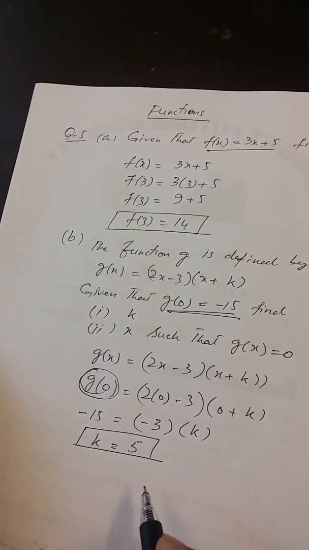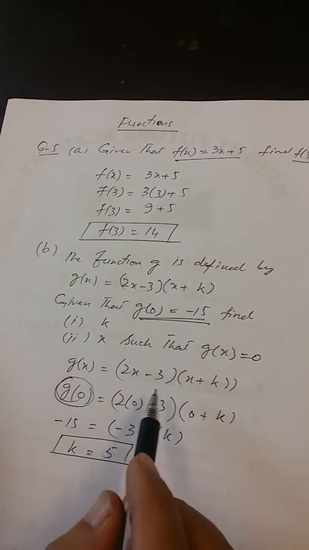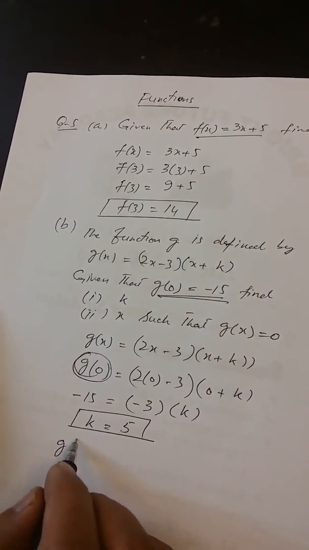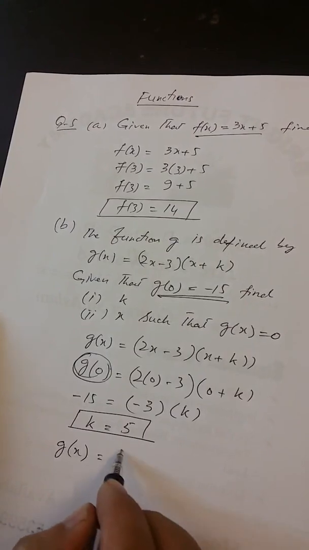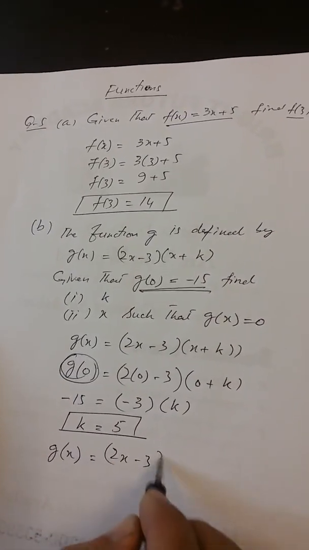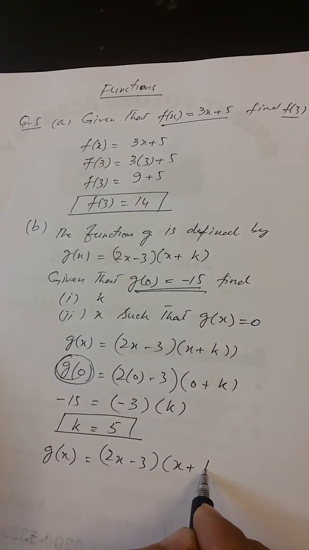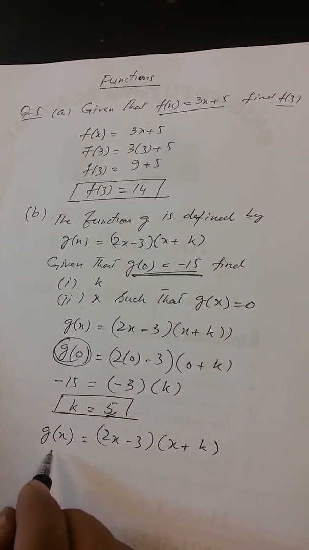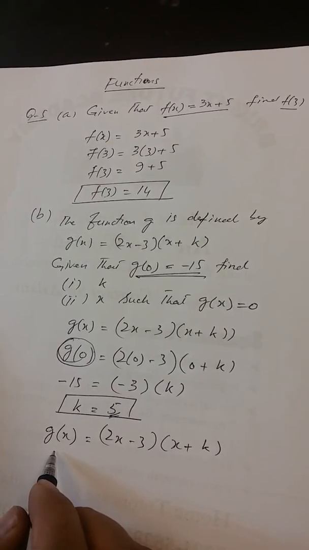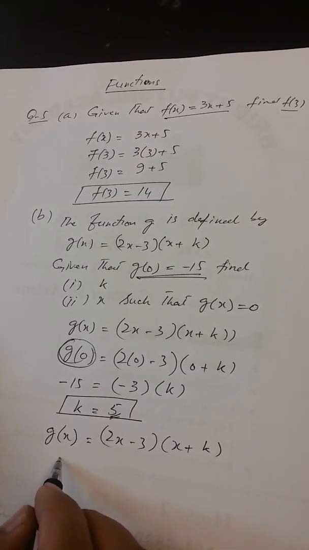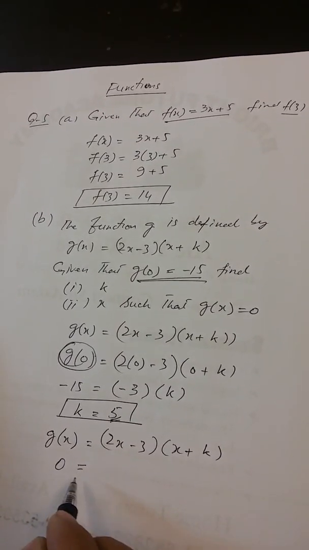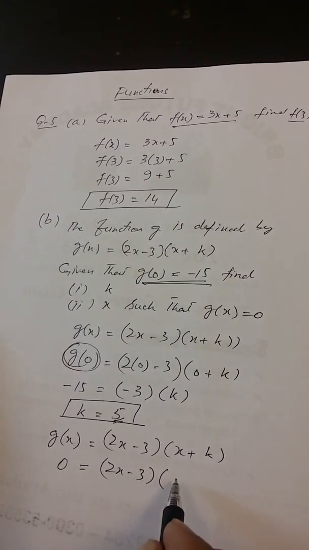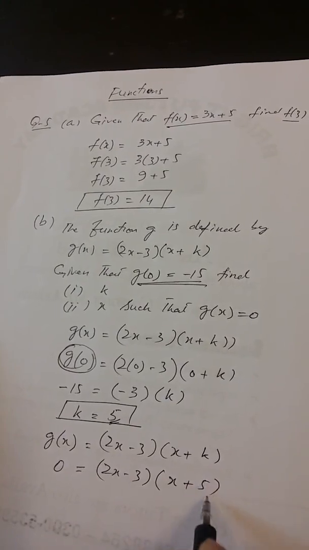For part 2, the requirement is x such that g of x is equal to 0. So I have the function g of x is equal to (2x minus 3) into (x plus k). Now I can use this value, which is 5. So g of x is equal to 0. It is given in the question, so I replace with 0, and (2x minus 3) and (x plus 5).